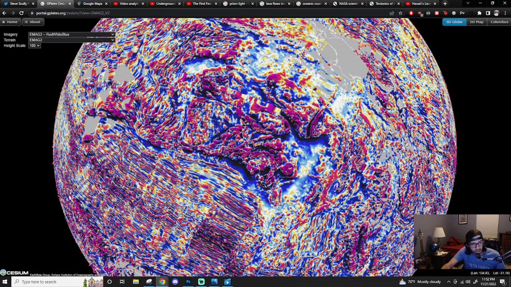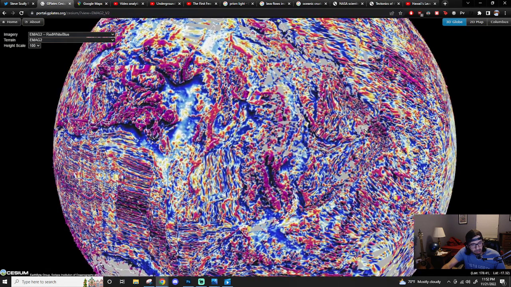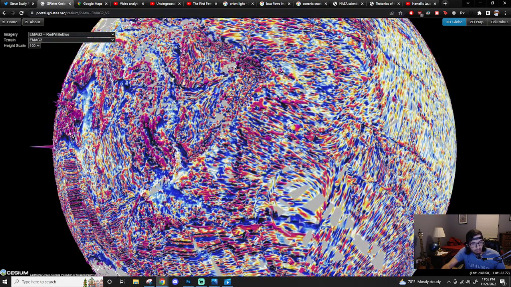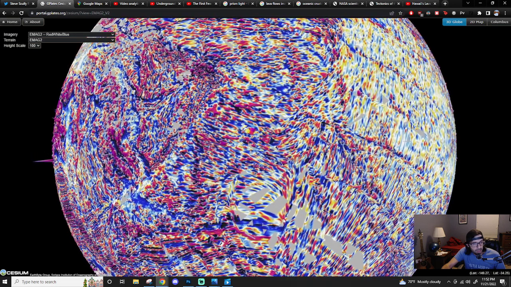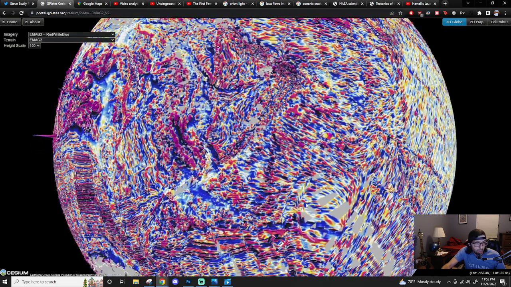It has flows going in there, flows going in there, kind of looking like a cross, looking like a seashell.